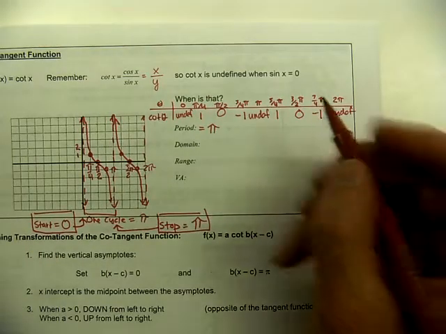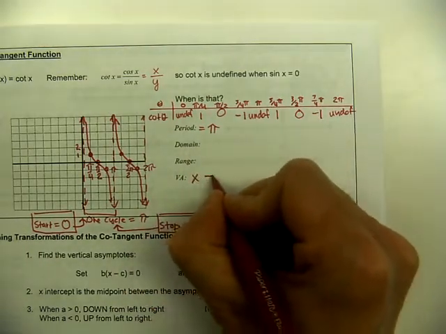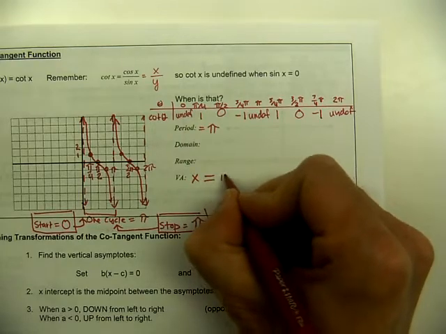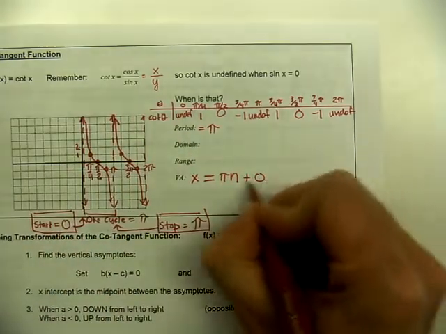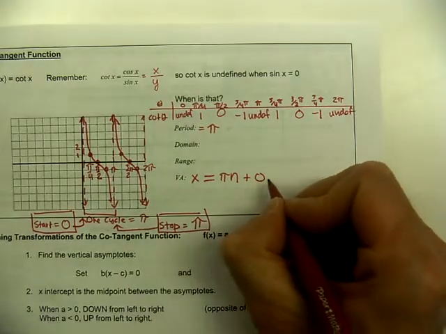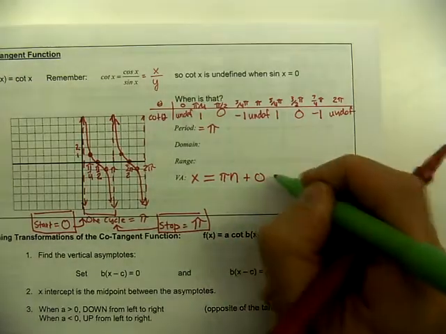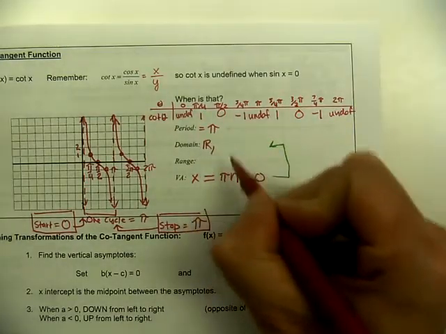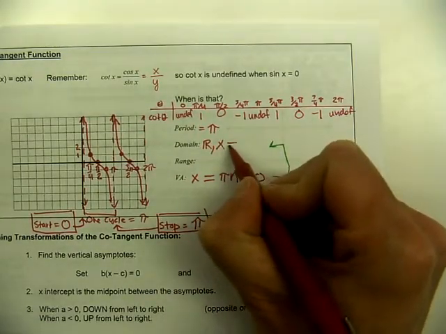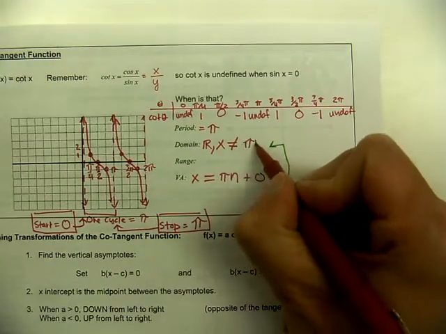All right, so our vertical asymptote will be located at pi times n, and we're starting at 0, so you don't have to show a plus 0, but this is just so you know we took that into consideration. And that will then influence what our domain is. Our domain is all real numbers, but not where x is equal to pi times n.